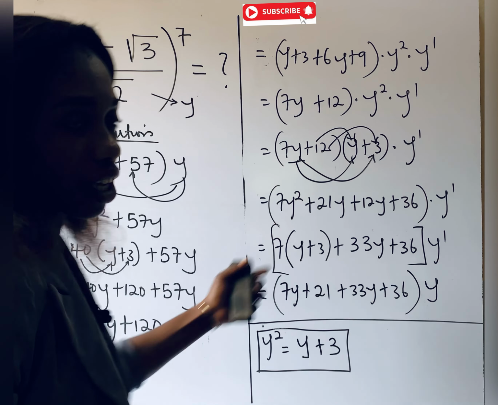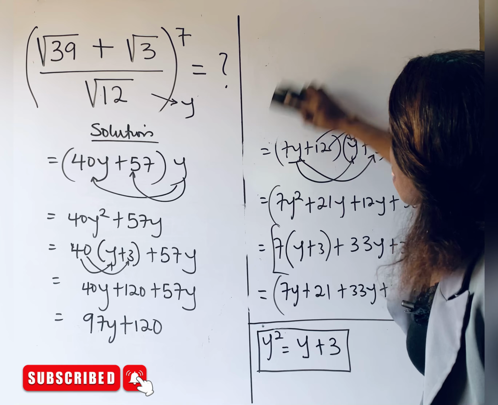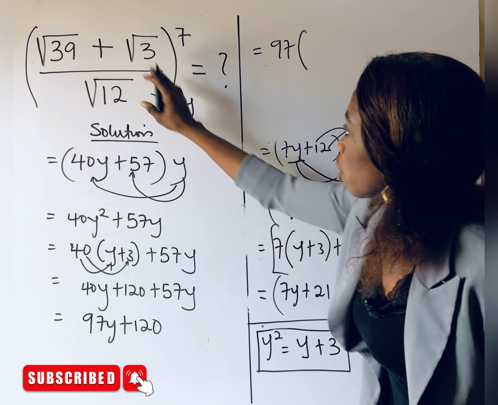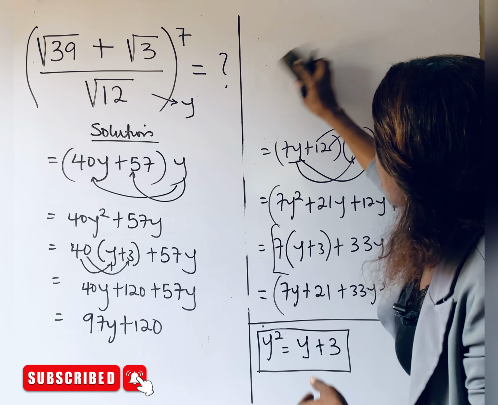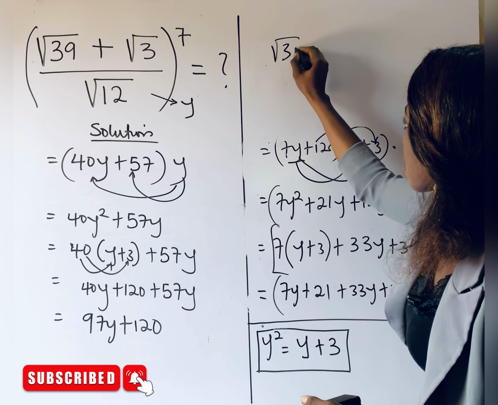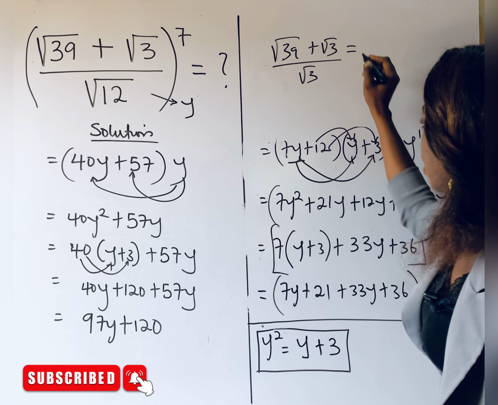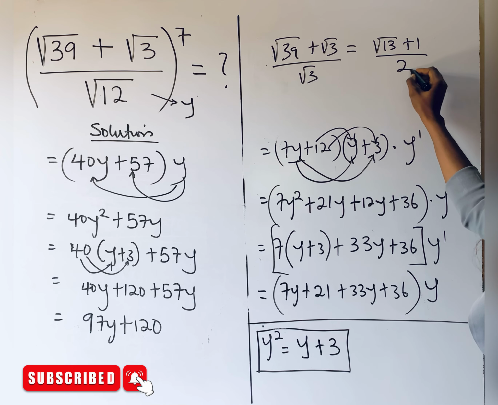So to do that, we can take it to this part. We are concluding now, okay? So we're going to now have 97 into this value we have inside, which we have simplified. Remember, we simplified square root of 39 plus this all over this. We simplified it to give us square root of 13 plus 1 over 2.